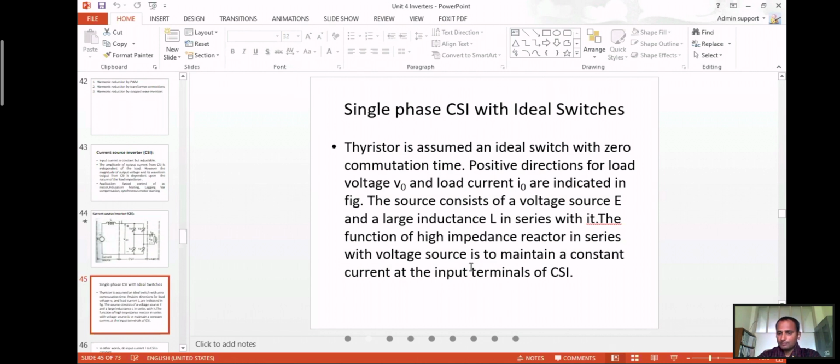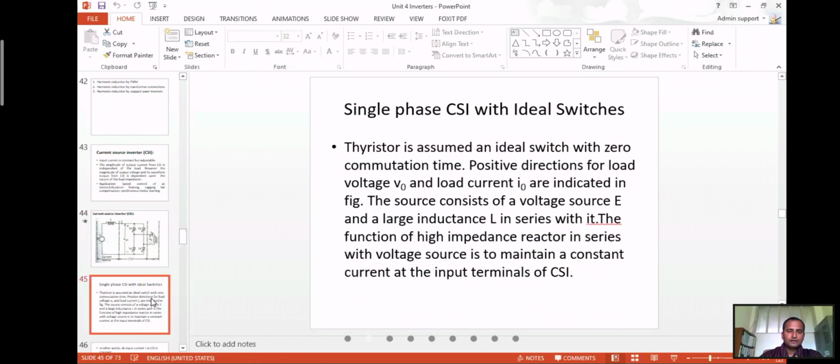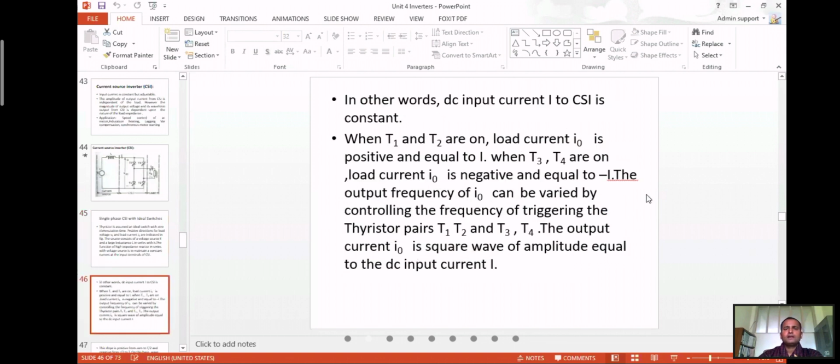It consists of the voltage source with the large inductance L in series. This large inductance is mainly to have a constant current source. In other words, the DC input to the CSI is constant, meaning the input current is constant.